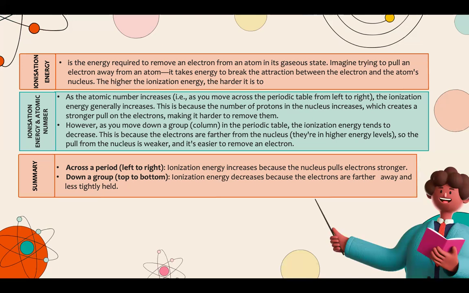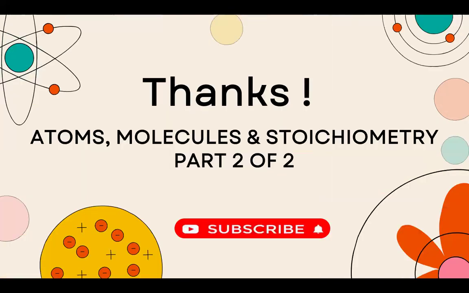As a summary, across a period from left to right, ionization energy increases because the nucleus pulls electrons more strongly. Down a group, from top to bottom, ionization energy decreases because the electrons are further away and less tightly held.